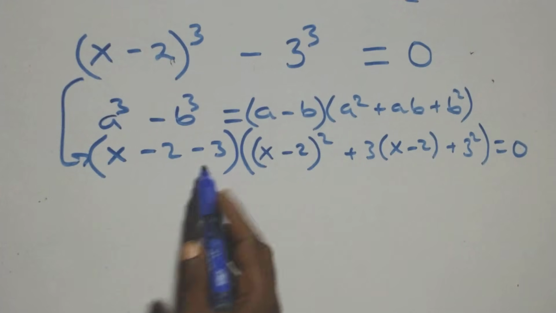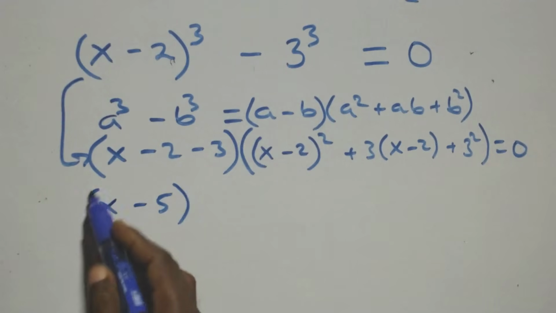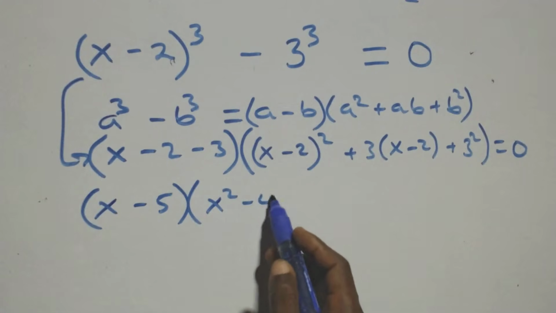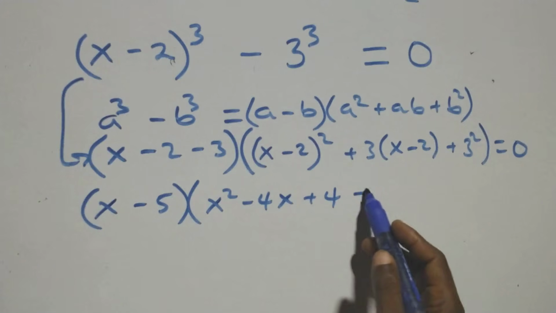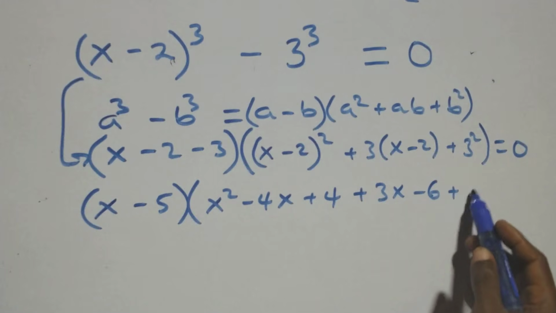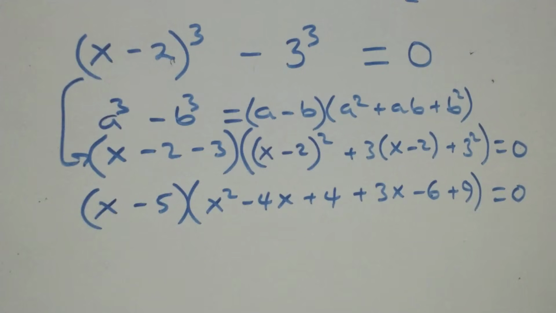And here minus 2 minus 3, that's minus 5. We have (x minus 5) into brackets. Expansion here gives us x squared minus 4x plus 4, and 3 open this bracket, you have plus 3x minus 6 plus 9 close bracket equals 0.